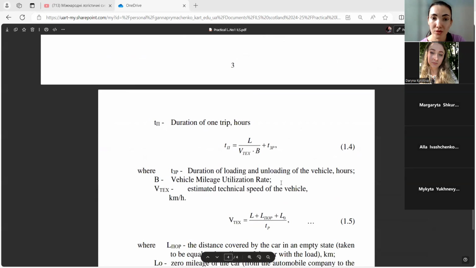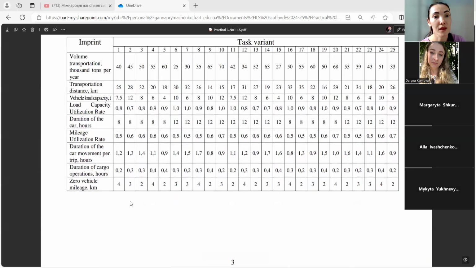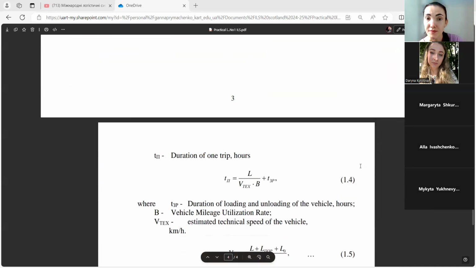Duration of loading and loader hours. So we have duration of cargo operations. It means all operations here. So maybe we need to use it. And as the next, we have hours, the duration of one trip.